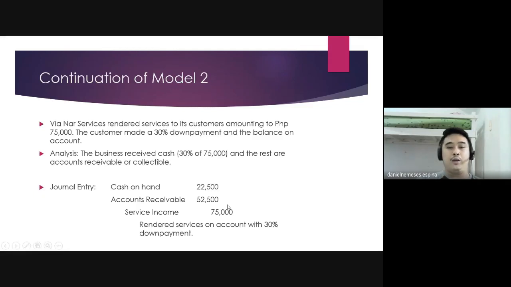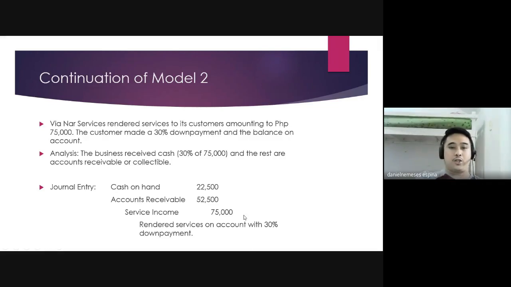Then another entry, debit accounts receivable 52,500, credit service income 52,500. Those are the two simple journal entries. But since their credit is both service income, instead of two simple journal entries, you can make a compound entry. So you just debit cash on hand and accounts receivable, and then credit service income. In that way, you can save more space.